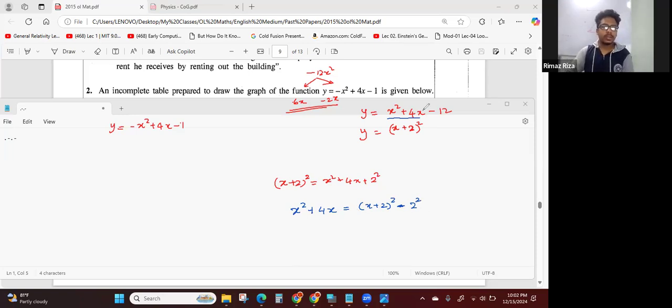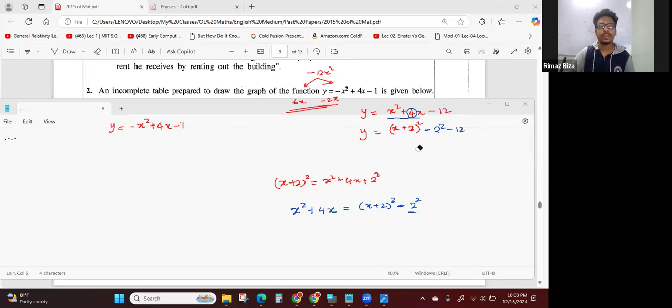So here you write x, if it's plus you put plus, and half of this 4, that is 2, then put the bracket and square it. Also, if you put 2 here, you have to subtract that 2 squared. Whatever number you write here, you have to subtract its square. And then we have this minus 12 remaining, so we put that here.